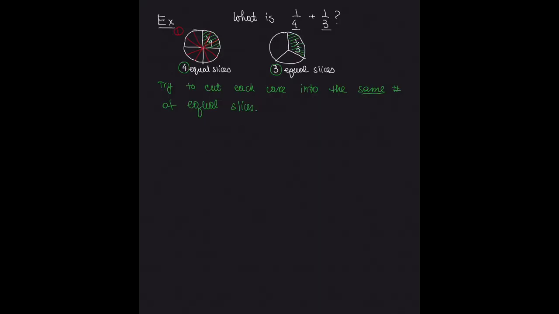So I had 4 slices to begin with, and then each one of those 4 slices was cut into 3 additional slices. So I get a total of 12 equal slices. For the second cake, I'm going to take each one of the 3 slices that I already have, and I'm going to cut each one of those slices into 4 sub-slices.